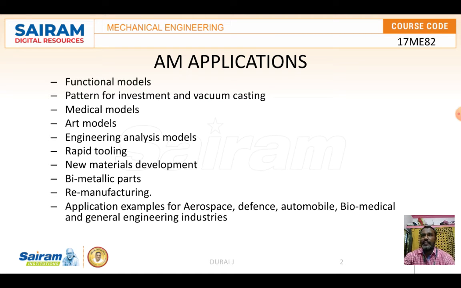Initially it had four nylon based materials: the standard nylon, fine nylon, fine nylon medical grade, and nylon composite. These four materials were initially available commercially for this particular process.